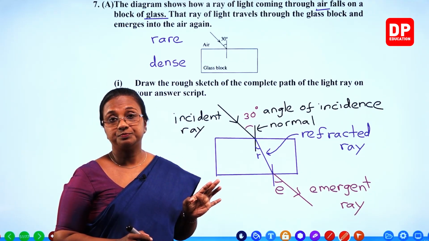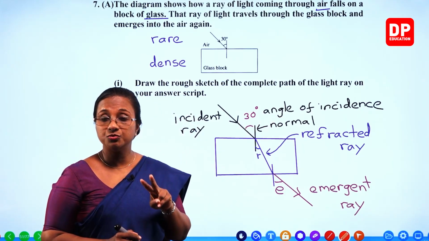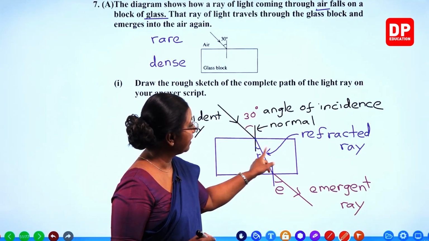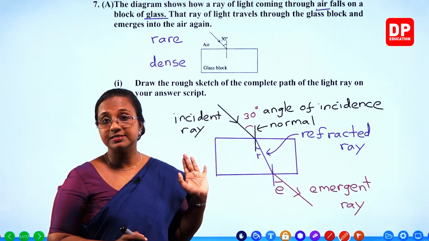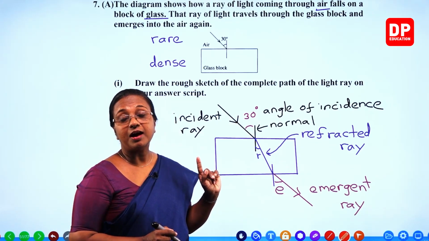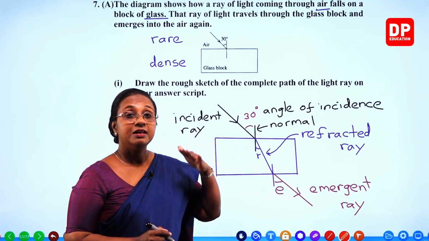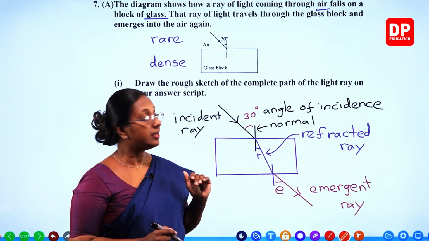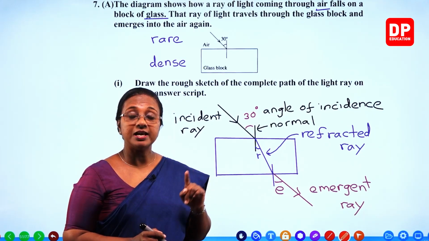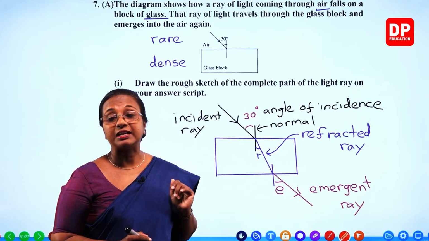Is that okay? Then you all know, students, according to refraction, there are two laws of refraction. The incident ray, the normal, and the refracted ray all lie in the same plane. Then sine I, the sine value of the incident angle, divided by the sine value of the refracted angle, sine I over sine R, is a constant, and that constant is known as the refractive index.